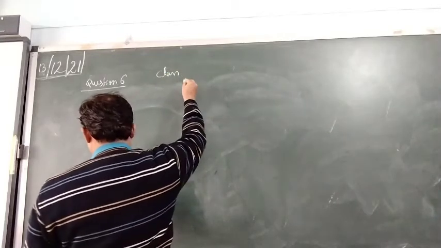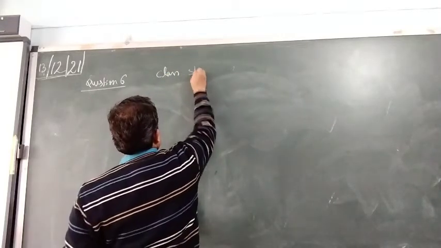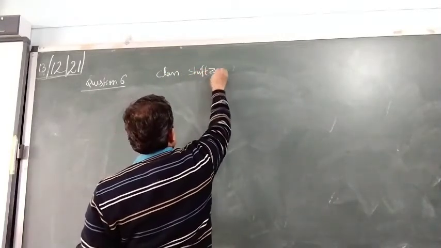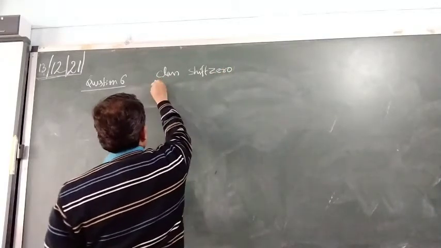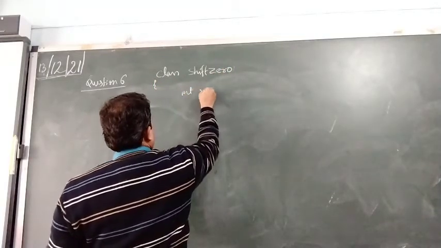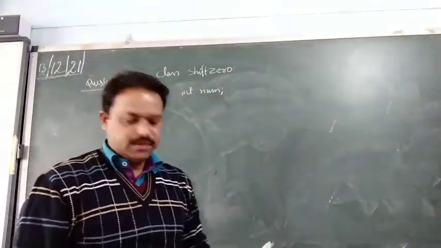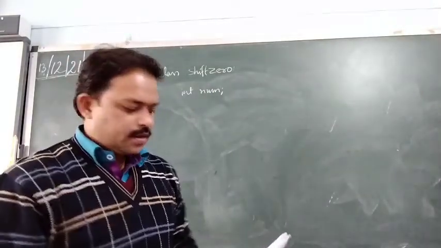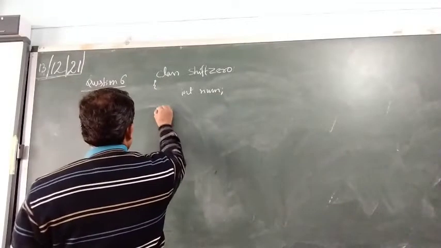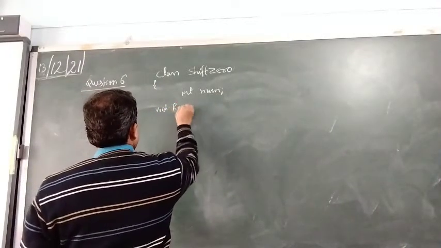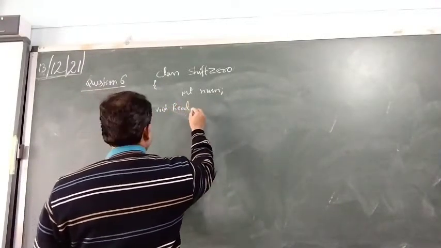Class Shift0, int num. Only one instance variable has been given to us. Then we have to make our function void readNumber.